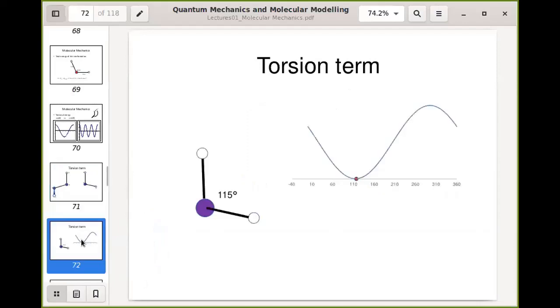So let us say, for instance, that our hypothetical molecule has a minimum and equilibrium dihedral angle at 115 degrees. What that means is that if you rotate the groups around to any other value, you get a higher energy, but at 115 degrees, your energy is at a minimum.